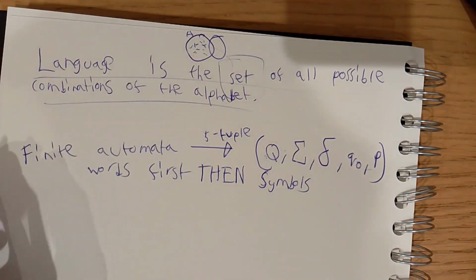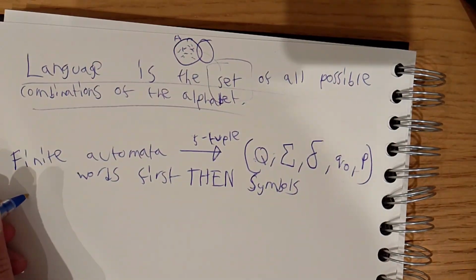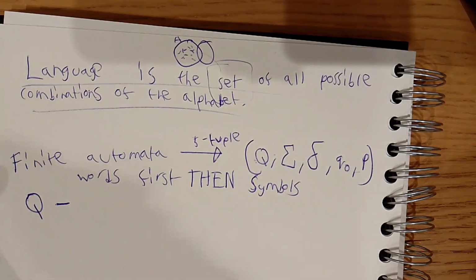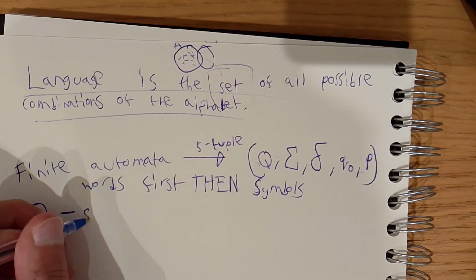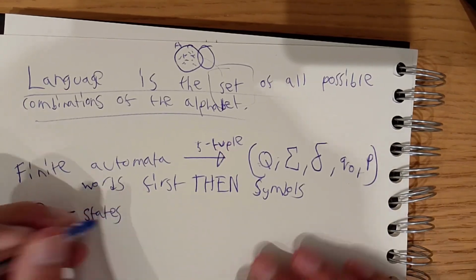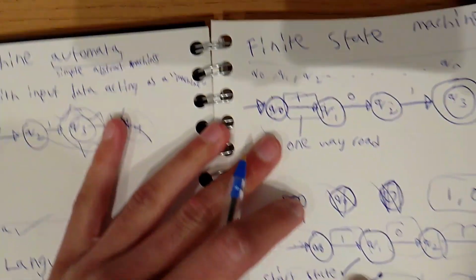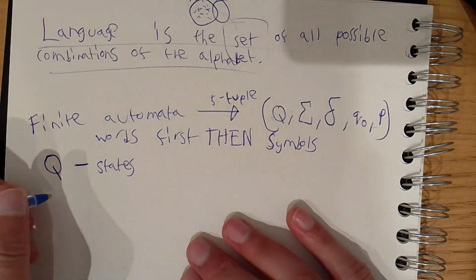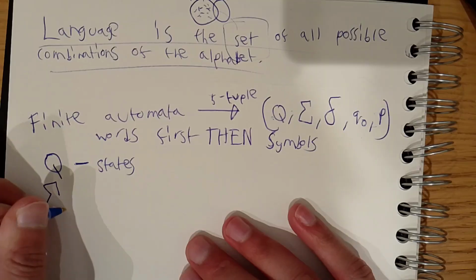Okay, so each of them has a number. Each of them has a definition to it. So the Q is just the states, like we talked about here, where there were states at the start and at the end. Q represents the states.